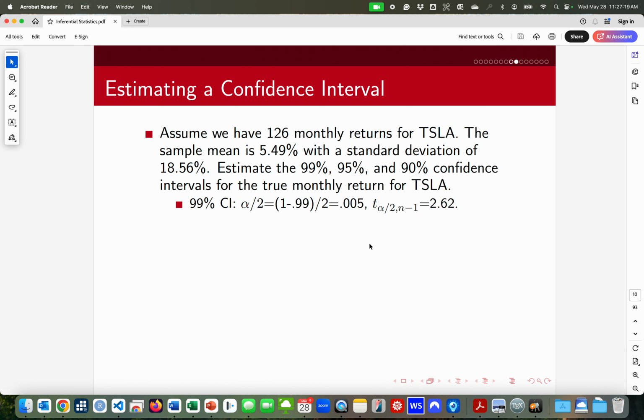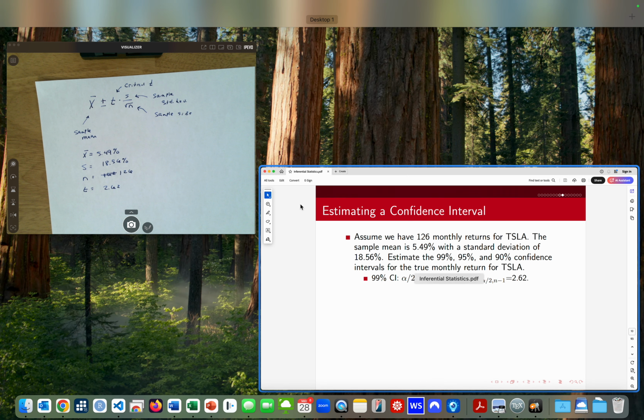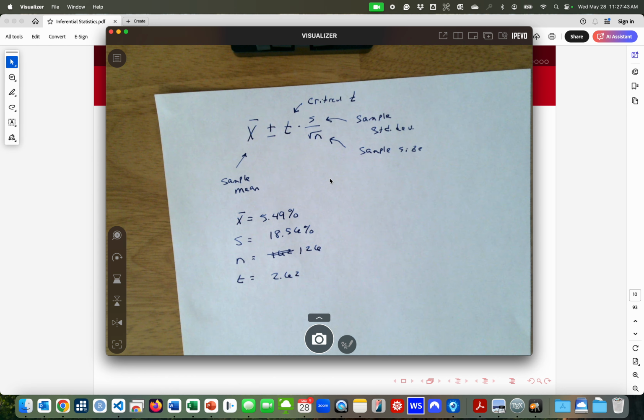Our sample standard deviation is 18.56%. Our sample size is 126. And our t-value that I gave you is 2.62. So I'm just writing down all the pieces that we have.